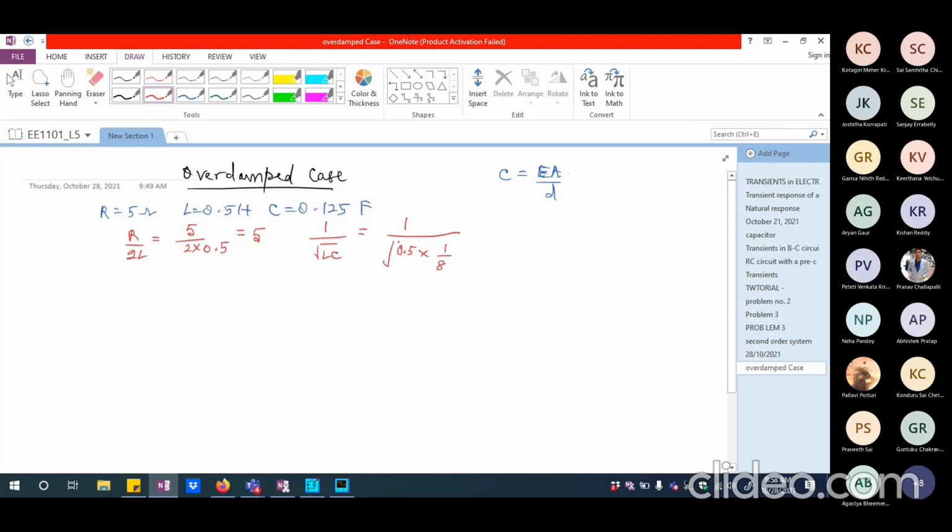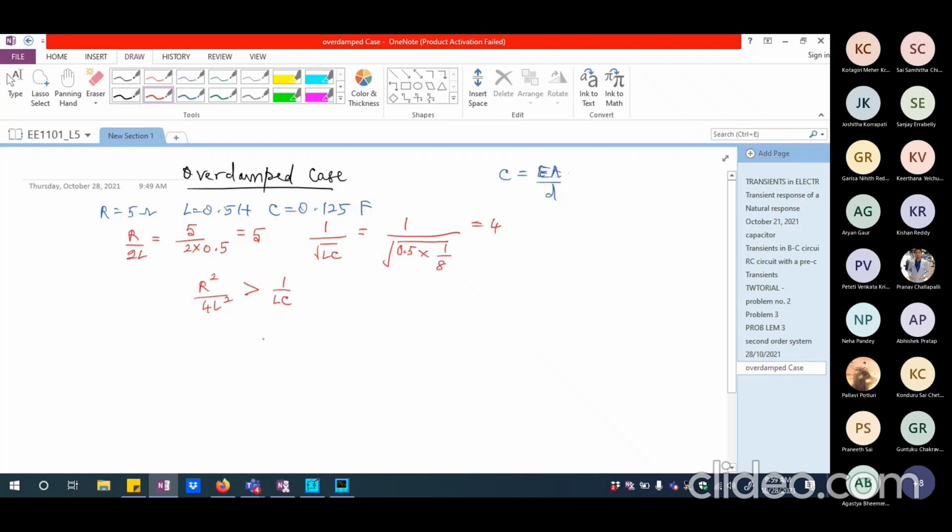So 1 by 2, 1 by 8, this is going to be 4. 1 by root LC is 4. So this is R square divided by 4L square, which is 25 in this particular case. That is definitely greater than 1 by LC. That is for sure. Okay. So this is overdamped case.